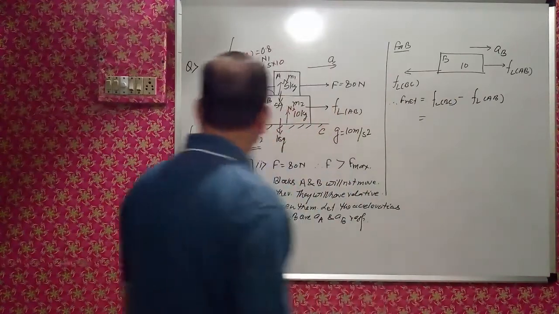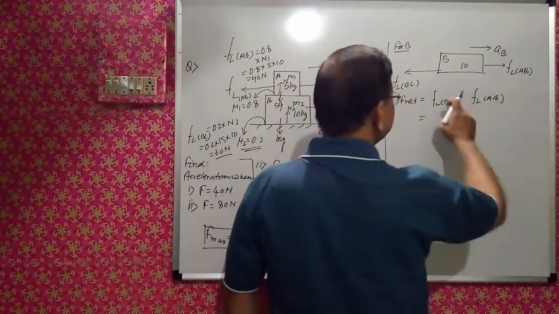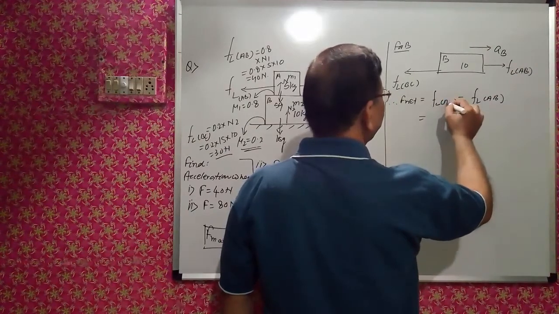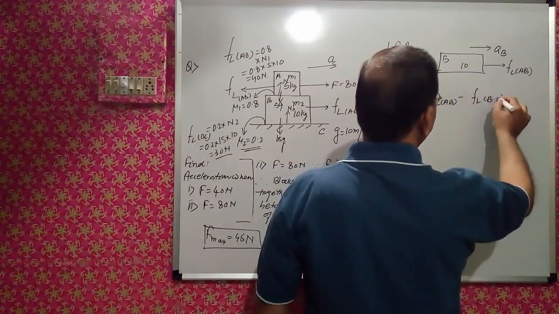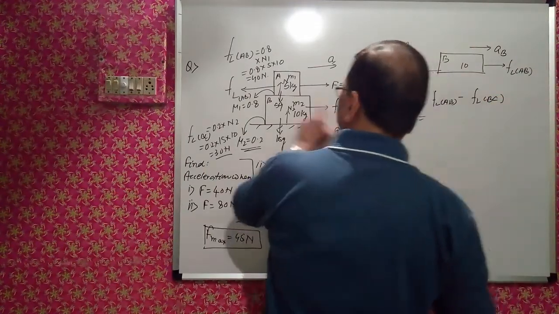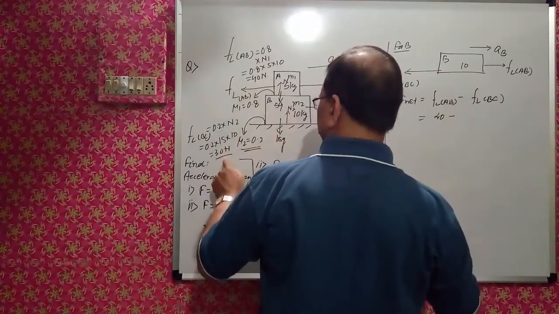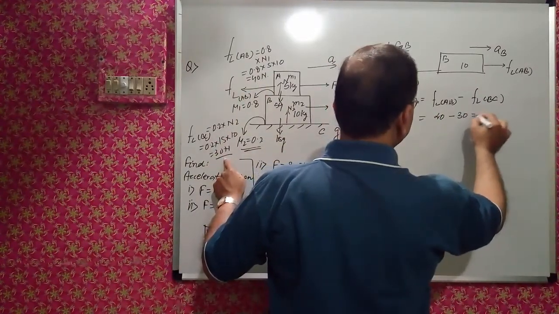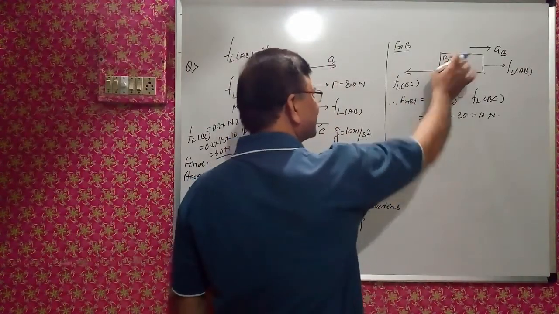And FLBC is how much? In this direction it will be AB, and this is BC. FLAB is 40. 40 minus FLBC, which is 30, that is 10 Newton. And this F net will cause acceleration in this.